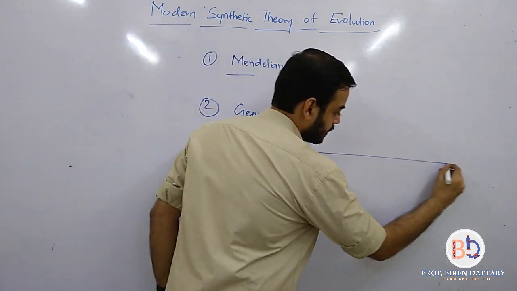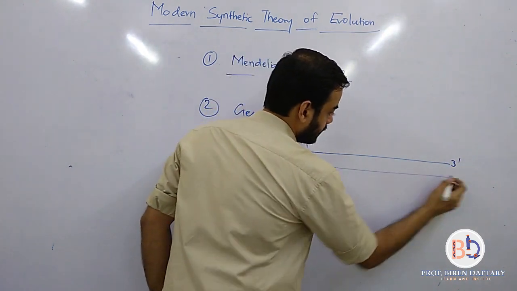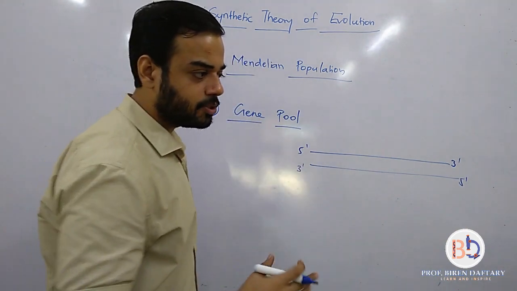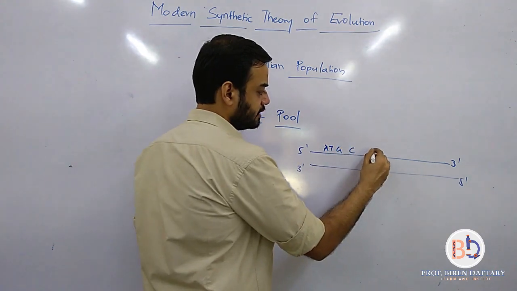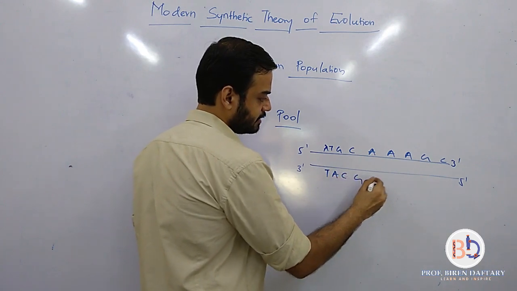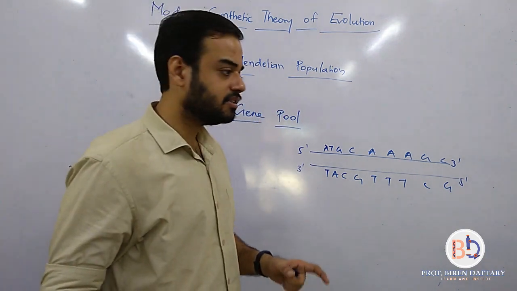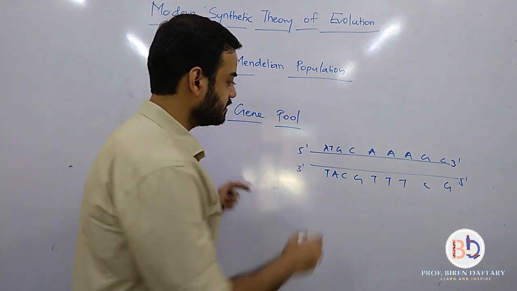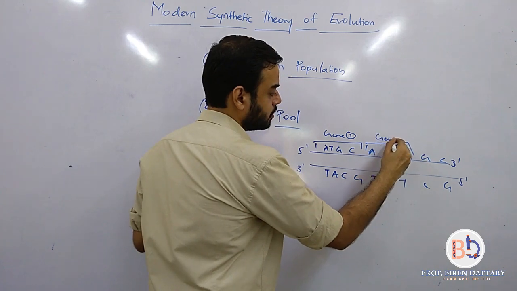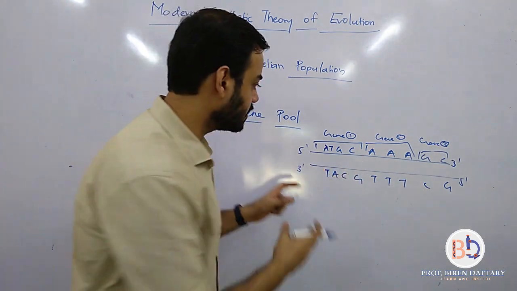Suppose I draw this DNA, and this is 5 prime to 3 prime, and this is 3 prime to 5 prime, and I am writing down random nucleotides A, T, G, C, A, G, C. Over here the sequence will be T, A, C, G, T, T, T, C, G, correct? Now what is a gene? A gene is basically a part of DNA. So I can say that this part is gene number 1, this part is gene number 2, this part is gene number 3. So basically all the genes together make up the DNA.